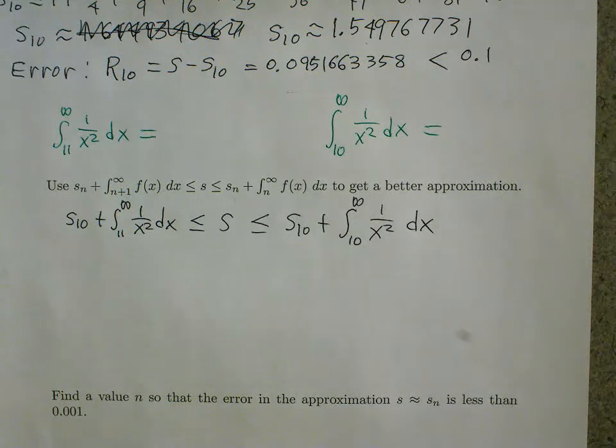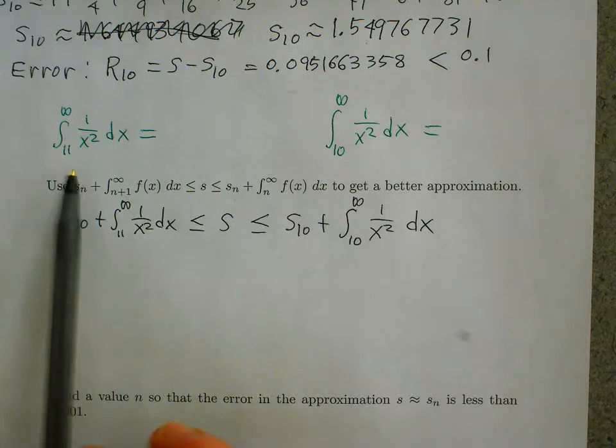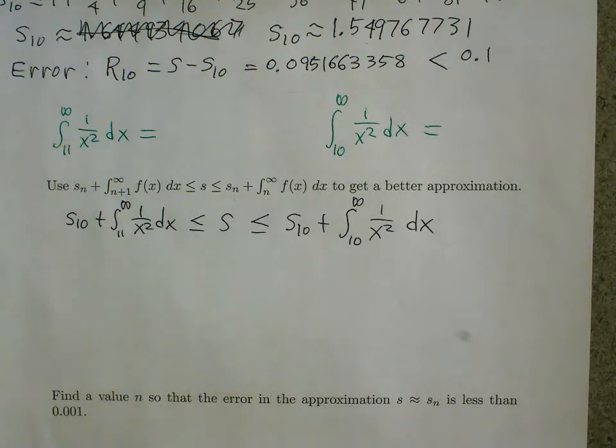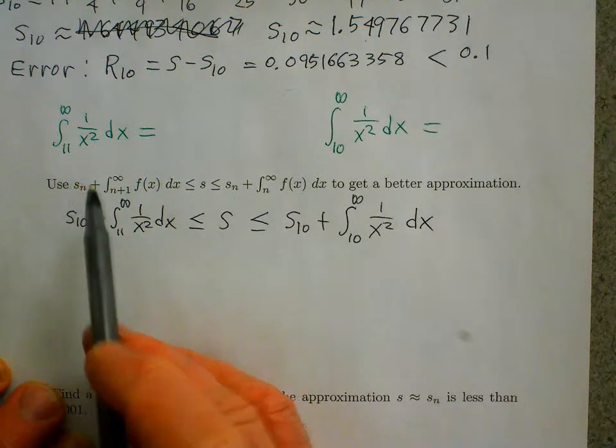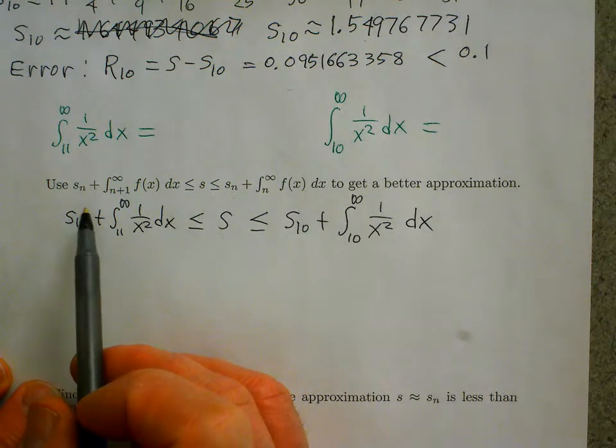Anybody got it? How about the one from 11 to infinity? 1/11th, yeah. So an antiderivative of 1 over x squared is negative 1 over x.